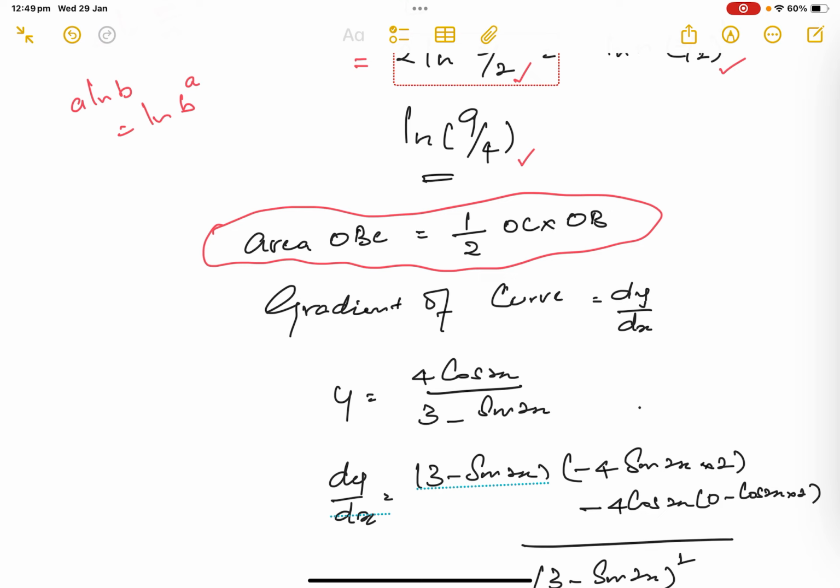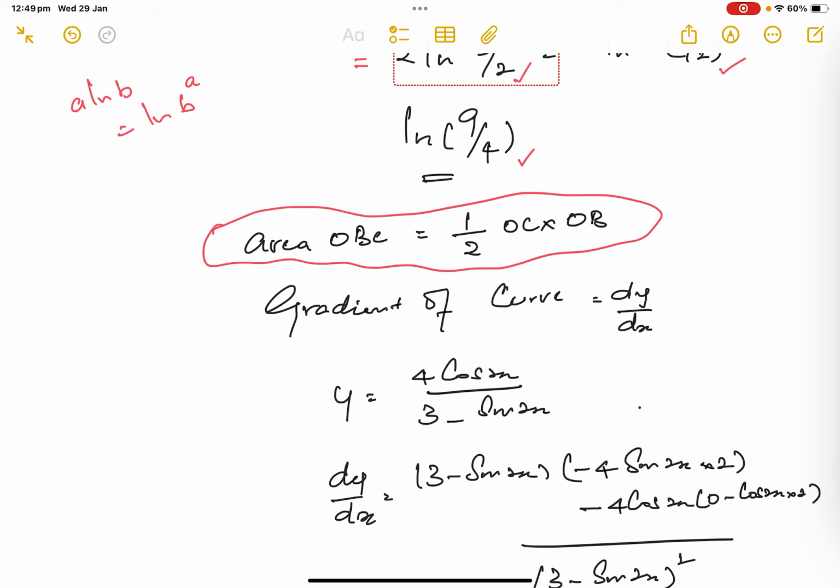OB is fine, it's π/4, but OC we don't know. We need to find where the line cuts the y-axis, so we can find the coordinates of C and OC. To do that, we have to do a bit more work. We have been given some information as well.